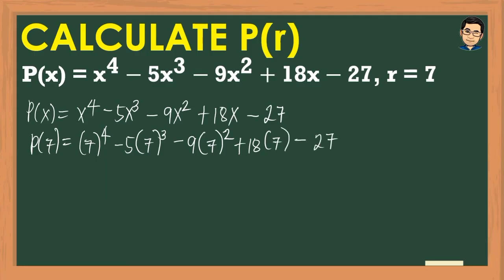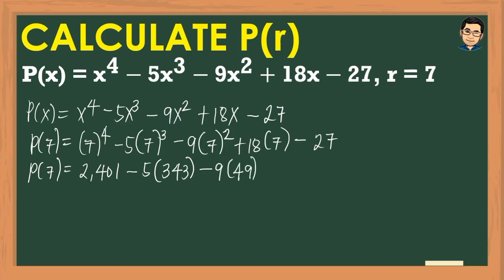Okay, and then P of 7 equals, so 7 raised to the 4th power, that is 2,401, minus 5 times 7 cubed, that is 343, minus 9 times 7 squared, that is 49. And then 18 times 7, that is 126, minus 27.